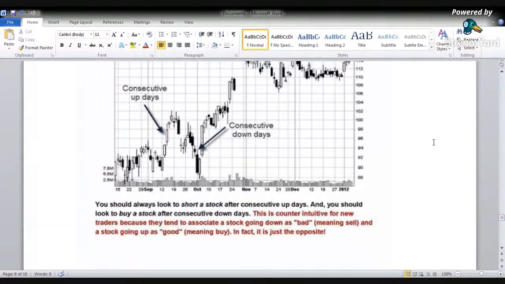So kung makita ninyo yung stock na pataas ng pataas, check after how many days. Kung mag-down siya, there's a consecutive down days, this is the one we need to see because there is an imminent reversal on that area. But it's not 100%. This is only a guide. If ever it will not materialize, you can exit in the stock market, in the price.